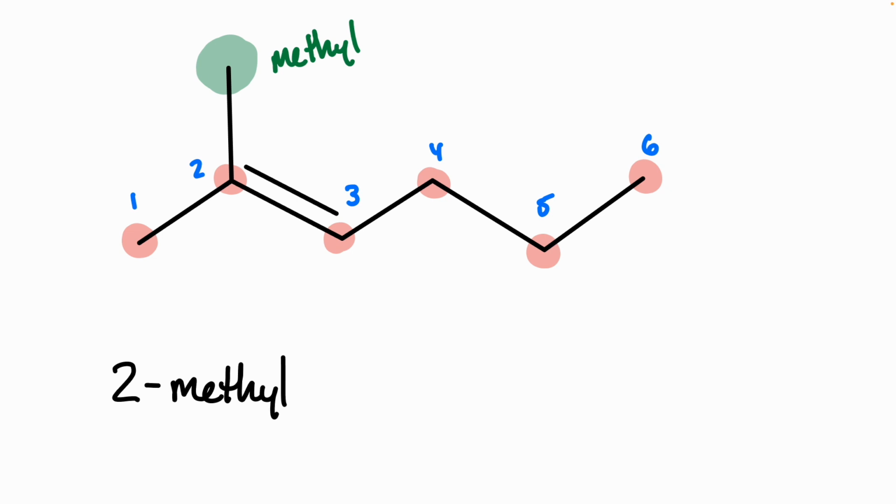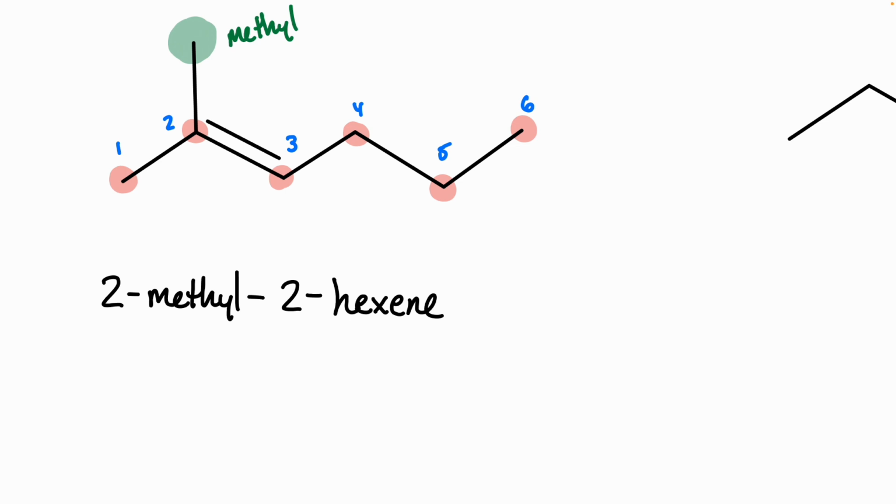If this was an alkane, it would be just 2-methylhexane, but now I also have to indicate the position of that double bond. So 2-methyl-2-hexene. Okay, so we got 2 2's in the name. First is my substituent that goes out front, along with its location. The second 2 is indicating the position of what?